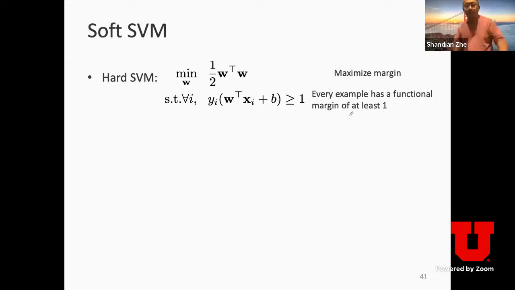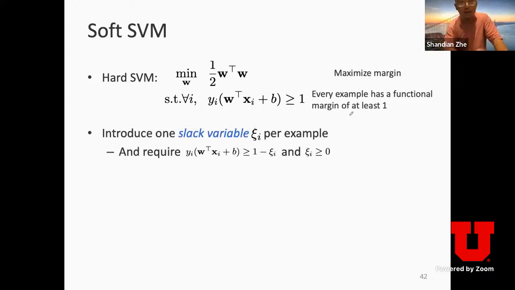To enable this, for every example, we introduce one slack variable, xi here. Right? So xi is non-negative, but then with xi, we can relax our constraint so the function margin is no less than 1 minus xi, not 1.